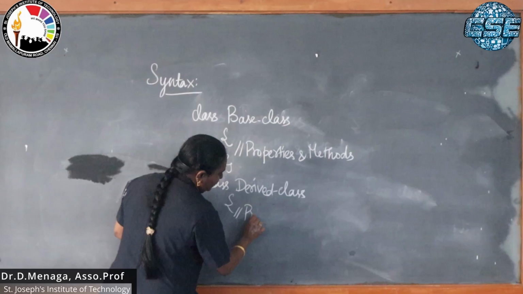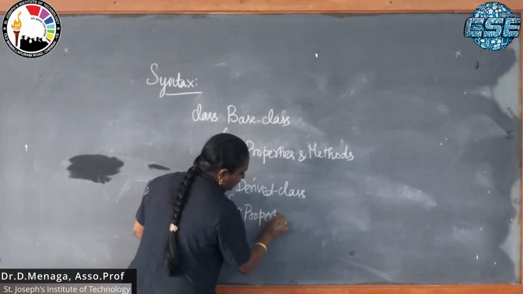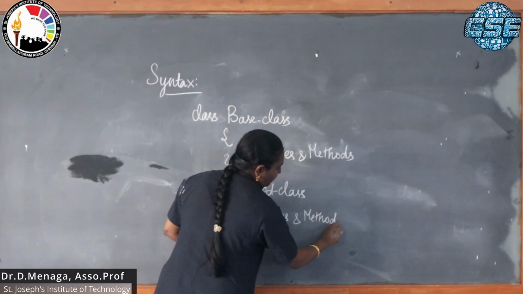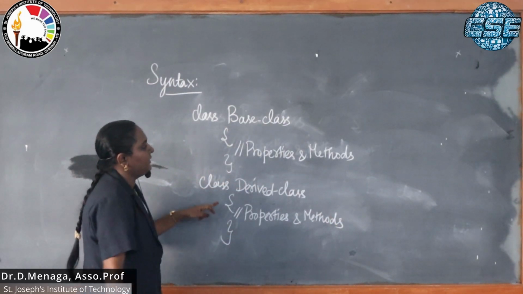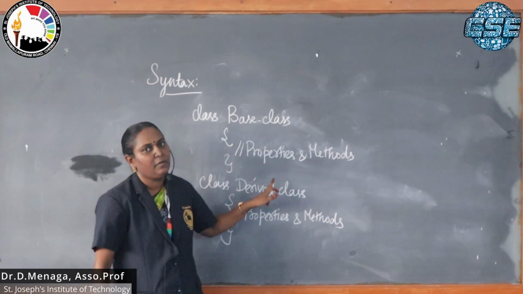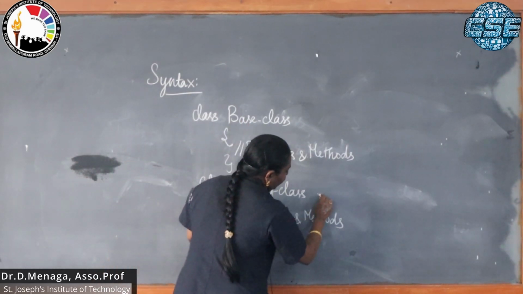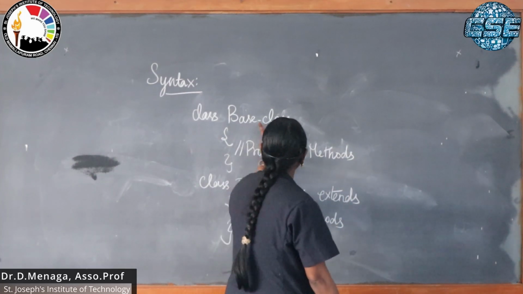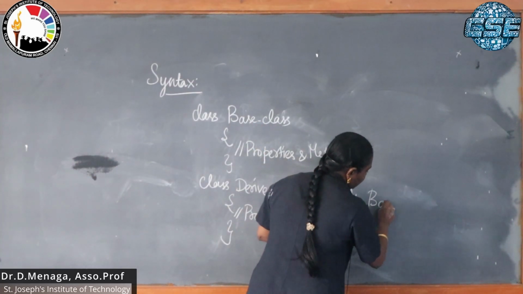In the derived class also you will have properties and methods. Inheritance is nothing but acquiring the properties and methods of a base class from a derived class. So you need to use the keyword extends. From where am I going to inherit? From the base class. So extends base class.